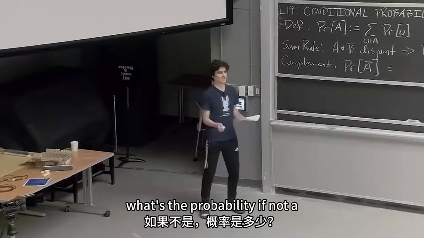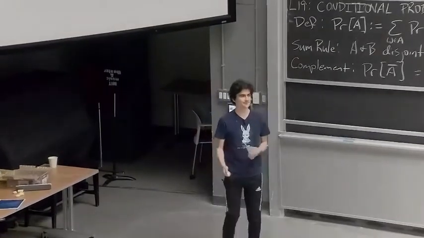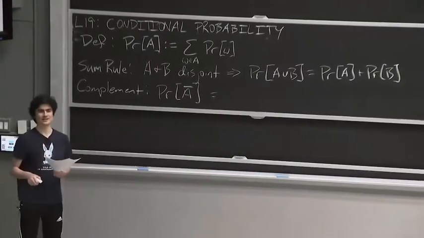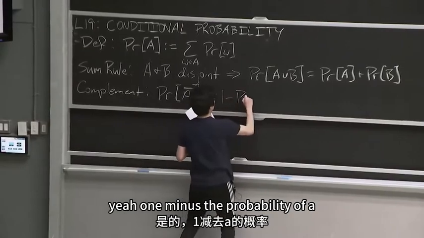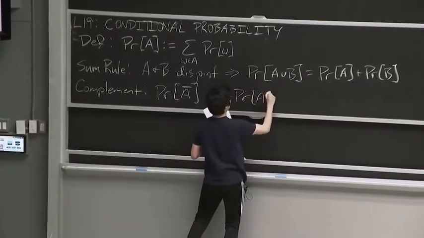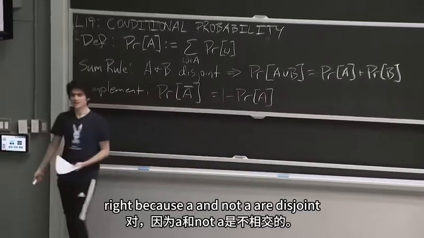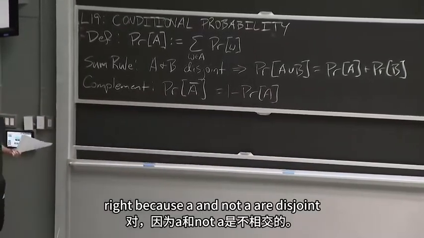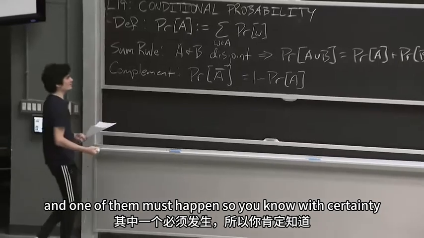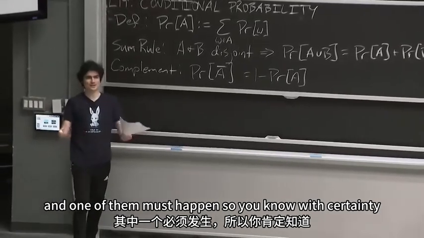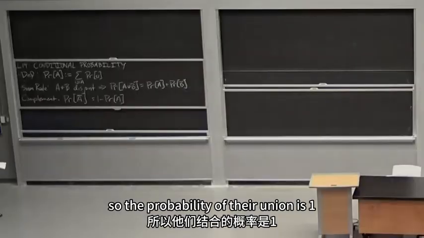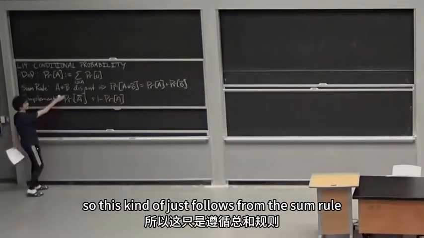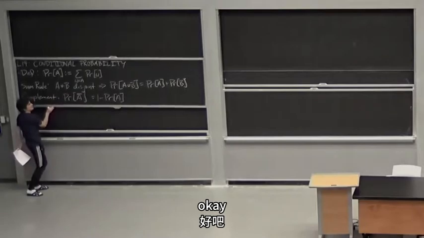What's the probability of not A? Anybody? Yeah. 1 minus the probability of A. Okay. Right? Because A and not A are disjoint, and one of them must happen. So, with certainty, one of A or not A happens, so the probability of their union is 1. So this kind of just follows from the sum rule. Okay?